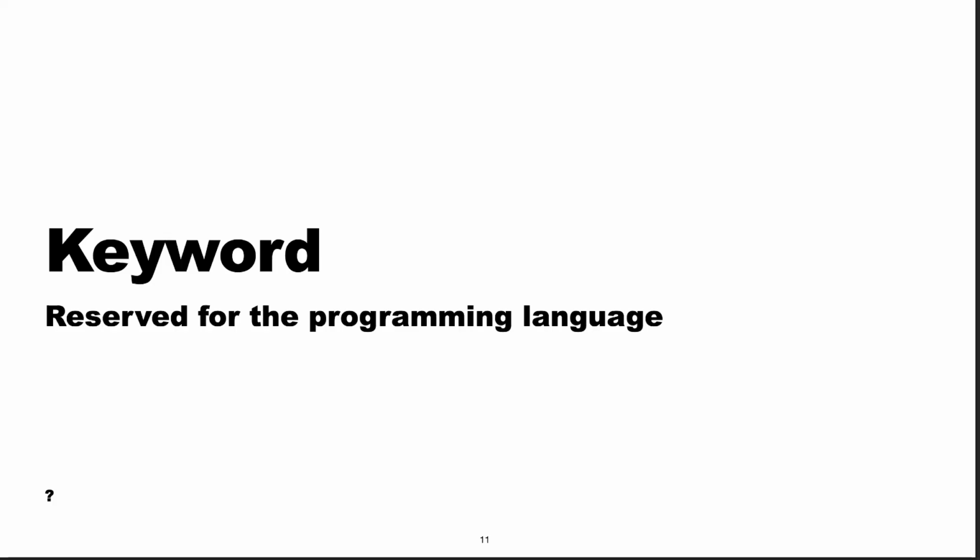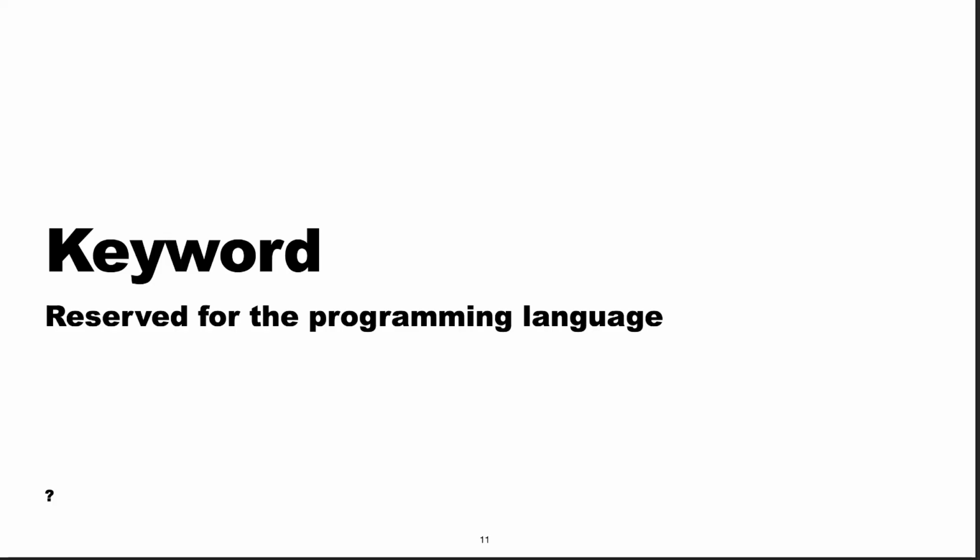Every keyword has a special meaning to the compiler, and since they are reserved words, they cannot be used as identifiers. Very important point. Keywords cannot be used as identifiers because they have a special meaning to the respective language compiler. So these are the keywords from K&R C, the textbook The C Programming Language written by Kernighan and Ritchie.